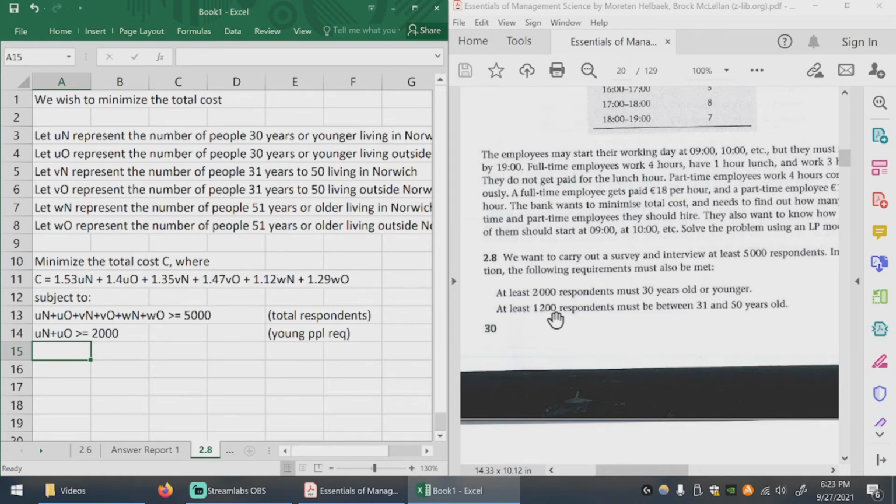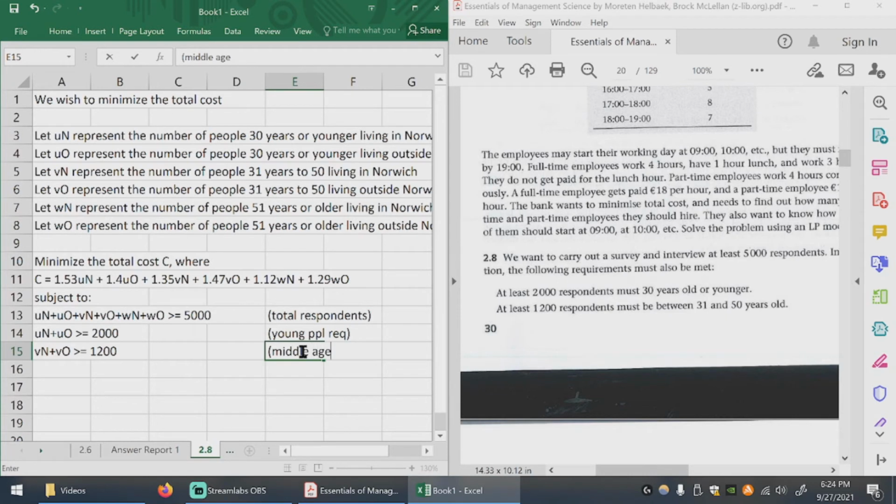At least 1,200 respondents must be between 31 and 50. So the middle age group must total at least 1,200. How many people are in the middle age group? Those living in Norwich, those living outside of Norwich. At least 1,200.